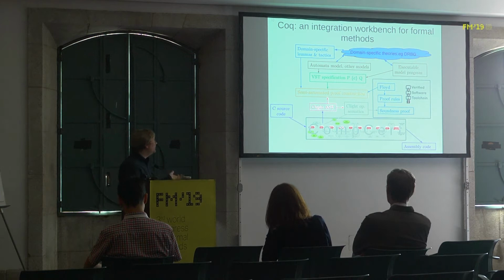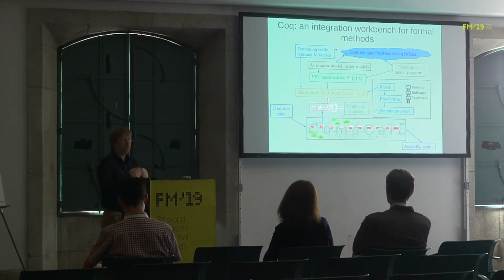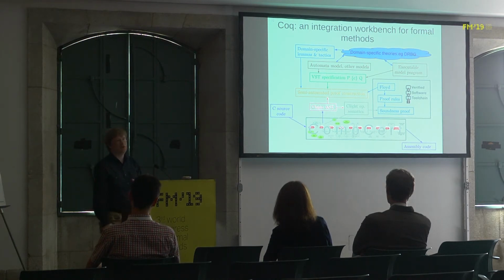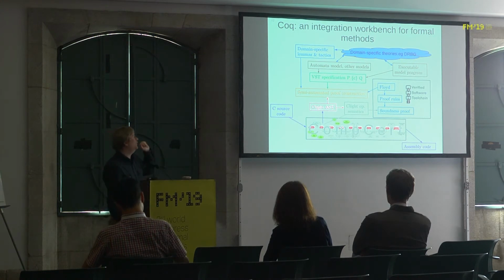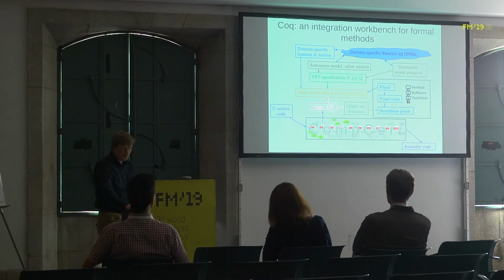And similar reasoning can be done in any application domain, and it's very useful to have at this intermediate level, for example, executable programs that have a much nicer proof theory than C, so it's much easier to reason about these domain properties using those formalisms than if you wanted to do that directly connected to the C verification.